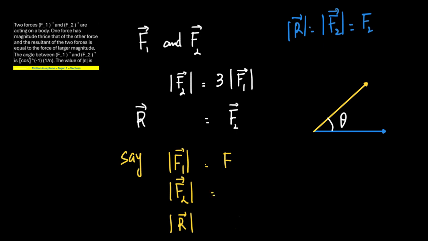Magnitude of vector F2 is equal to F2, which is equal to 3 times F. Similarly, magnitude of vector R is also equal to magnitude of vector F2, which gives us 3 times F.